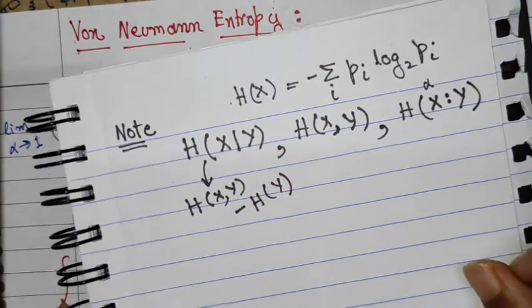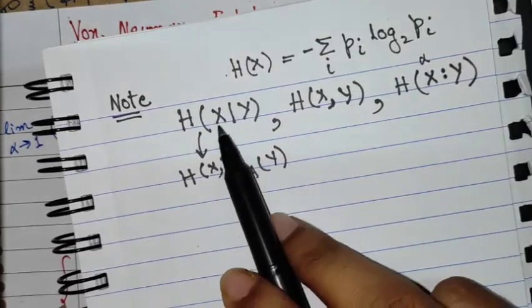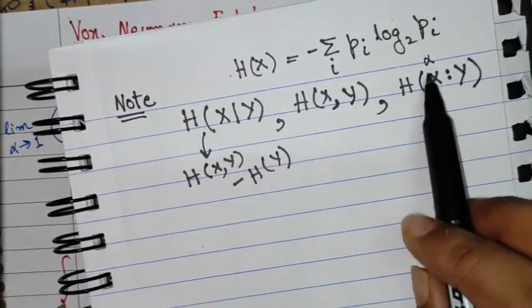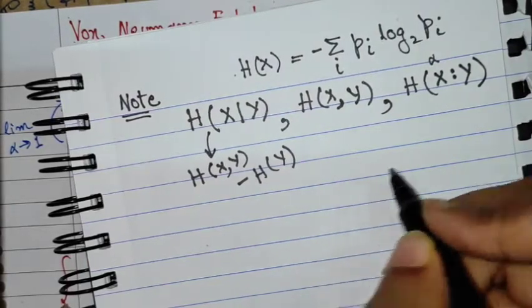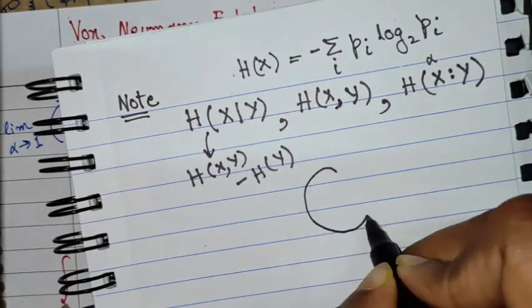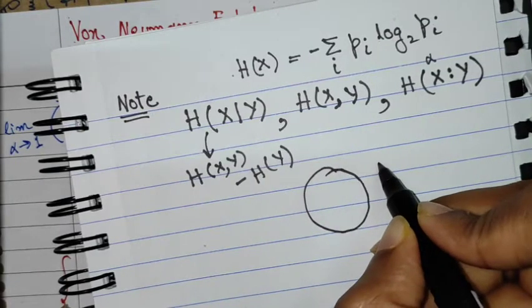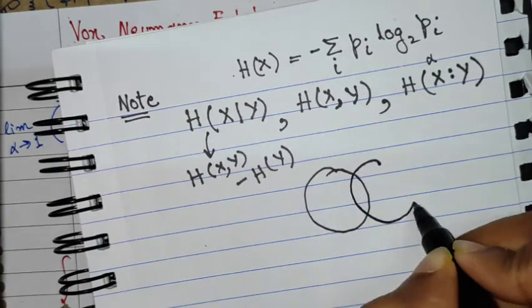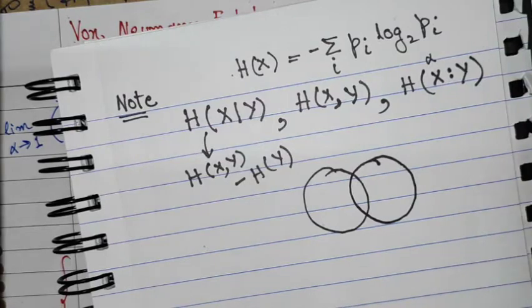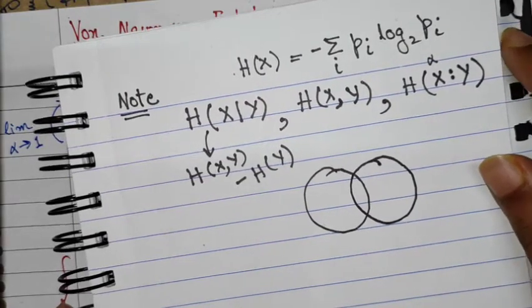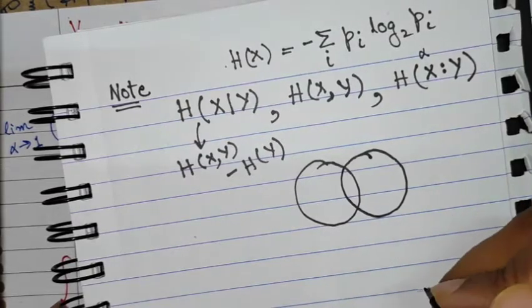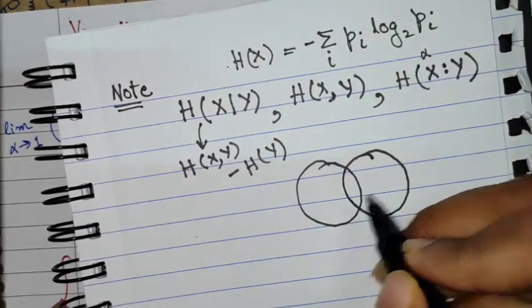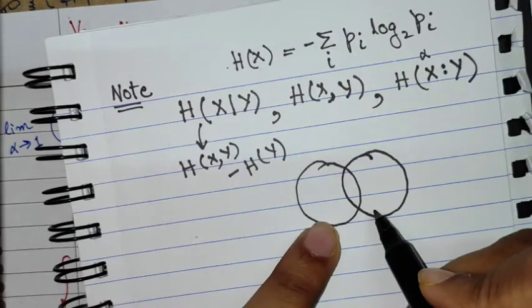Now the definitions of these three, which is the conditional, this is mutual, and this is joint entropies, can be captured by a Venn diagram. But this Venn diagram is not very accurate and must not be relied upon for everything related to these topics. It is not much reliable. So first of all, what is this Venn diagram?